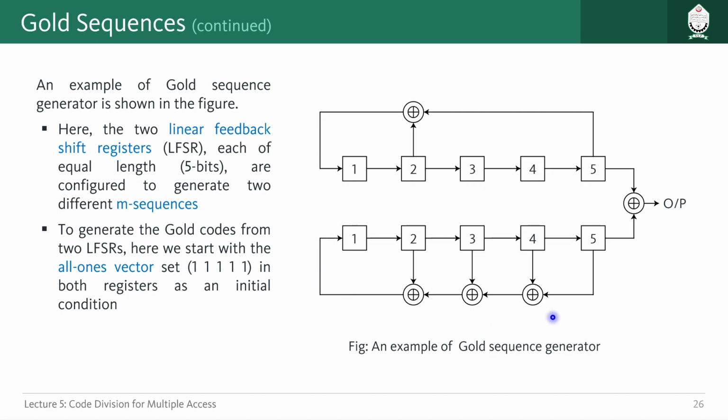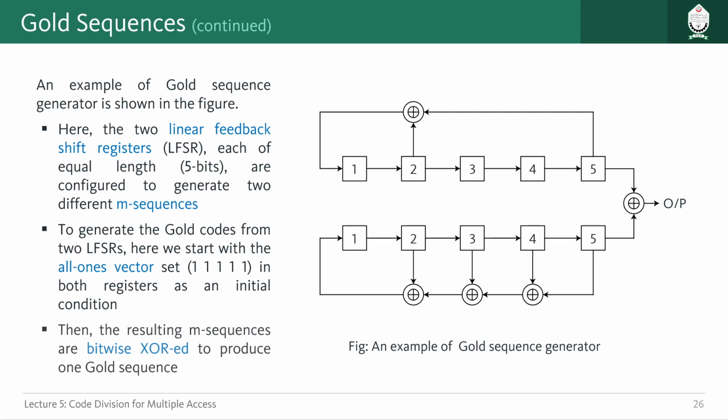Then we will start proceeding with our generation of the Gold sequence, right? Whatever we generate from these two LFSRs will be XORed here, and finally we get the output for our Gold sequence. There will be some clock pulse for these two circuits which is not shown here.